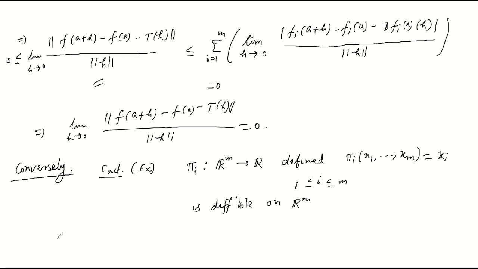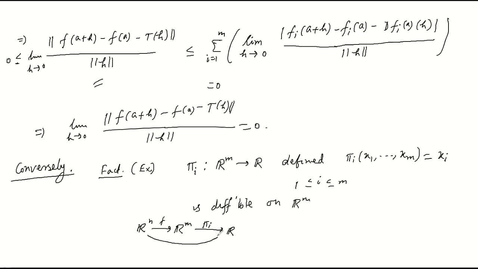So here we use pi_i, and we have seen the composition. Let me write it in a more precise way. f is a function from Rn to Rm, and here we have the ith projection function pi_i.